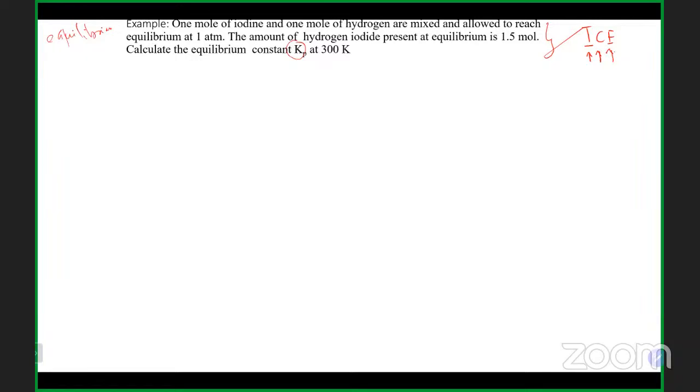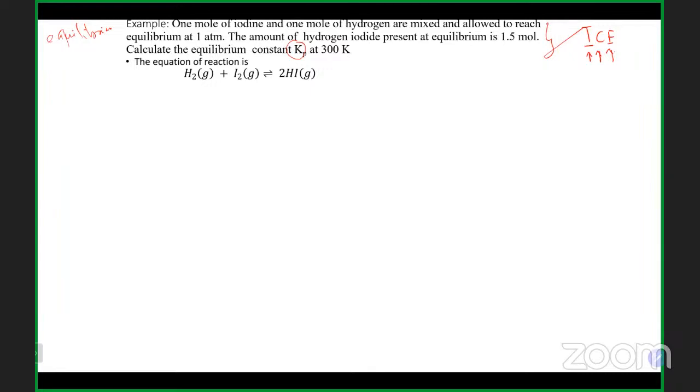Concentration can be expressed in terms of pressure. It can be expressed in terms of mole fraction. It can be expressed in terms of number of moles per volume. Okay, so the equation for the reaction is given as H2 plus I2 to give HI.